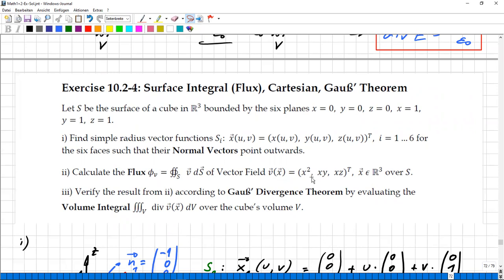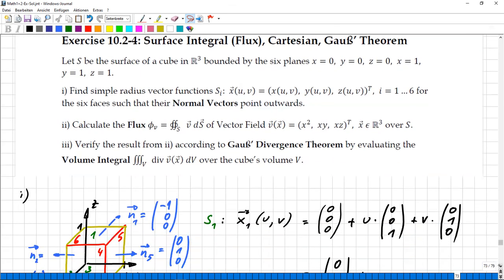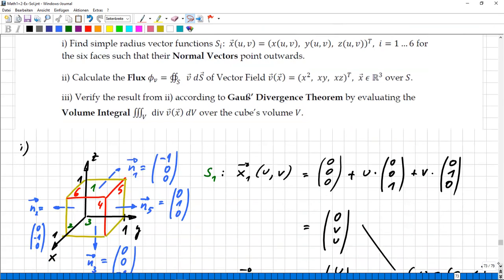Remember, in order to express everything using our auxiliary variables u and v, this will be an iterated integral over u and over v, where we must, before we start, replace every occurrence of coordinate x inside the vector field with the corresponding expression in the radius vector function for the corresponding part of the surface.